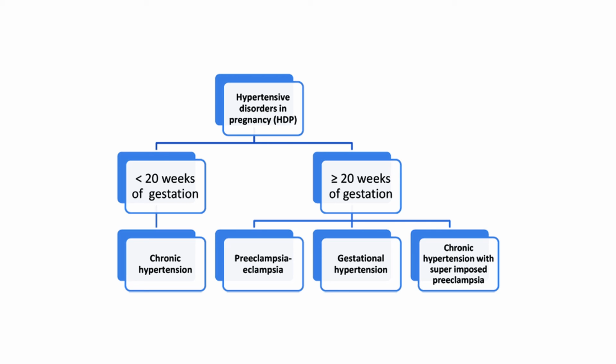We also defined eclampsia, and by definition, this is when all criteria of preeclampsia have been met, in addition to generalized tonic-clonic seizures that are not attributable to any other causes. Gestational hypertension is when you have development of hypertension greater than 20 weeks of gestation, however you don't have proteinuria and you don't have severe features.